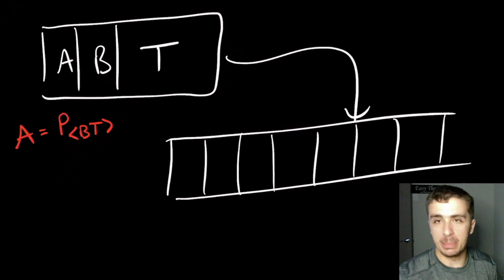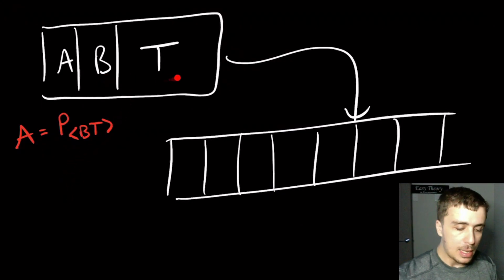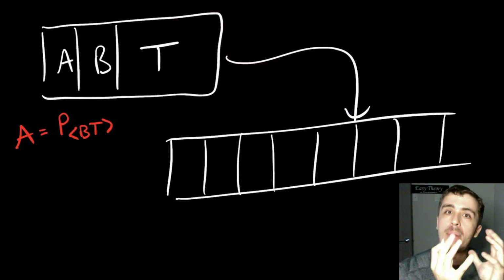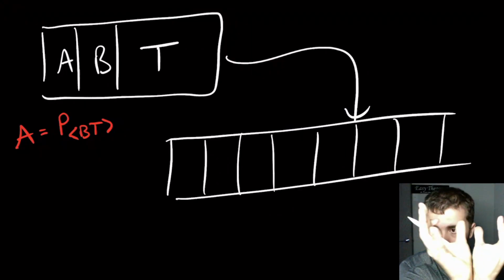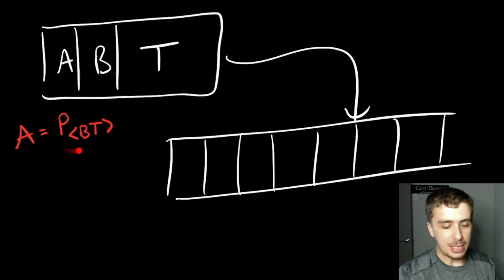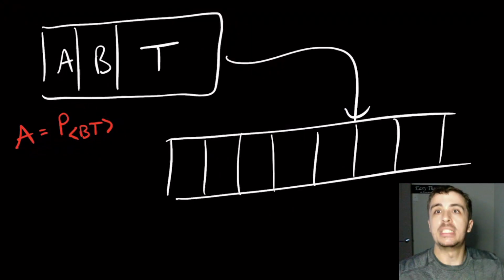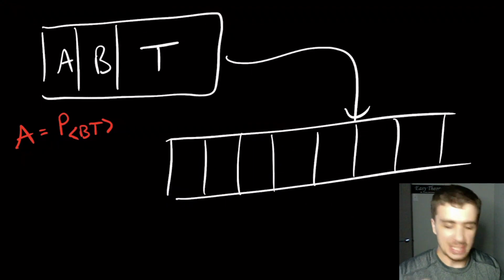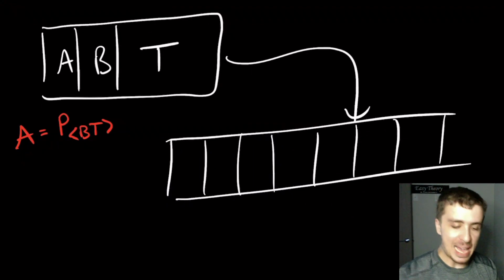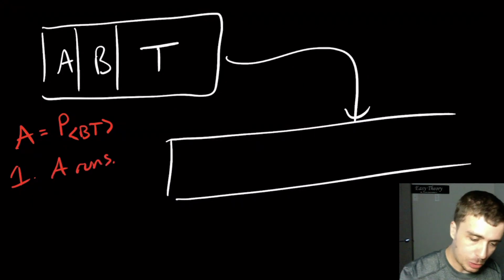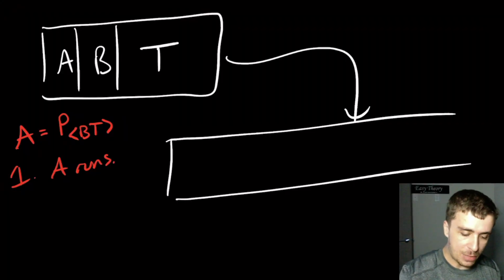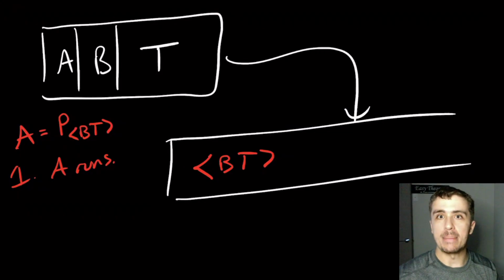It's very similar to the original one. And T we know about, so we can combine them into a combined Turing machine like this. We can just put the two descriptions together, and this machine A just prints that description and nothing else. And that's it. Okay, so the first step is that A runs.